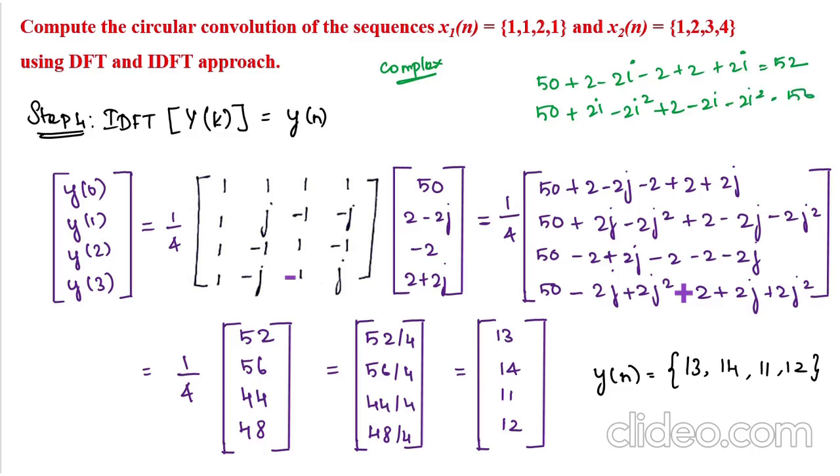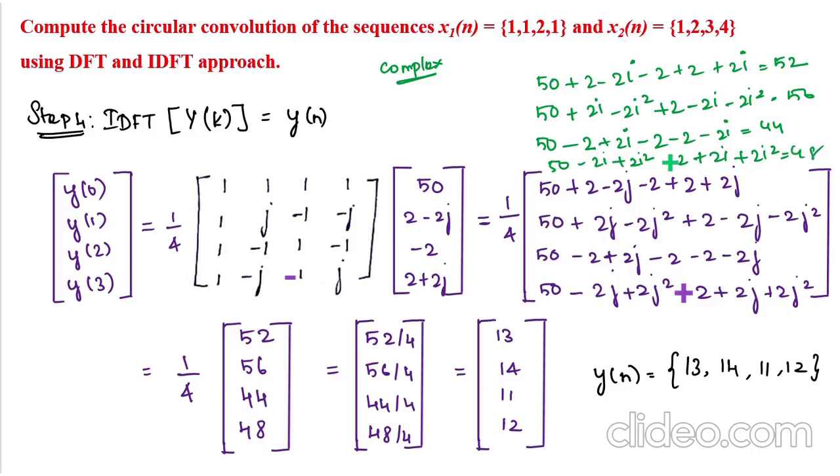For this, you will enter 50 minus 2 plus 2i minus 2 minus 2 minus 2i, which is equal to 44. Finally, 50 minus 2i plus 2i square minus 2 plus 2i plus 2i square, which is equal to 48.